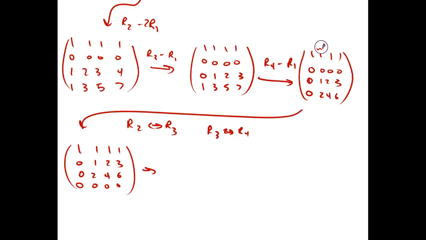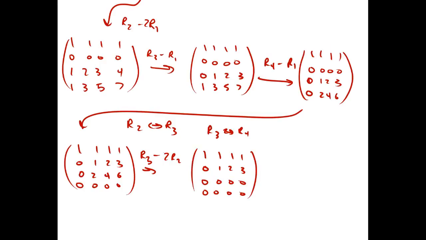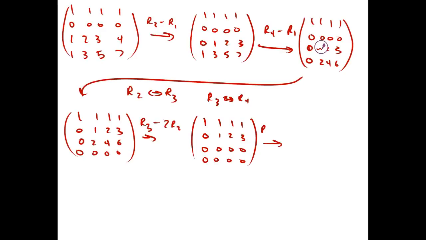Then we can take R1 and subtract 2 of R2 from it. Okay, then we can just take R1, subtract R2. We get 1, 0, negative 1, negative 2, and then 0, 1, 2, 3, and then 2 rows of zeros.